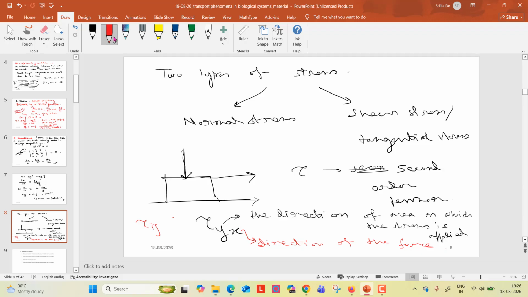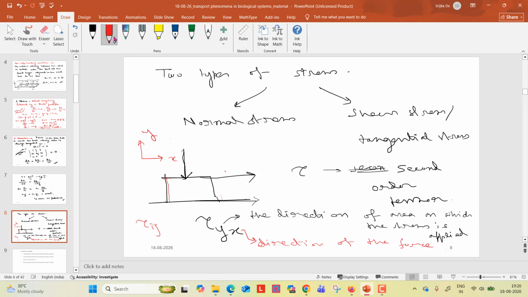Okay, so suppose this is our system, right? If you notice carefully, what is the i component? Suppose this is my x and this is my y, right?